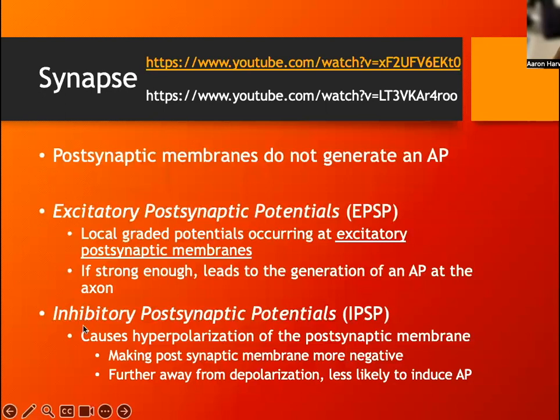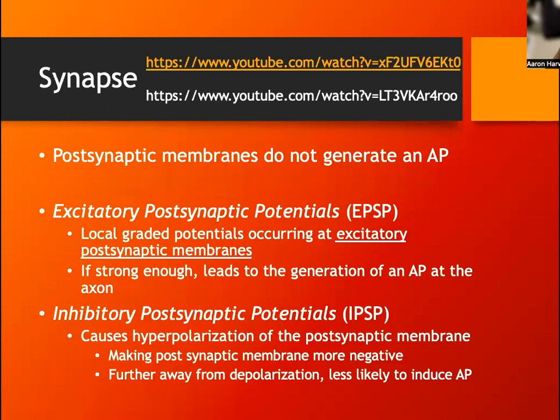And then there's also inhibitory postsynaptic potentials, IPSP, that cause hyperpolarization, so further away from depolarization of a postsynaptic membrane. This makes the postsynaptic membrane more negative and further away from depolarization, so far less likely to see action potentials from these inhibitory postsynaptic potentials.